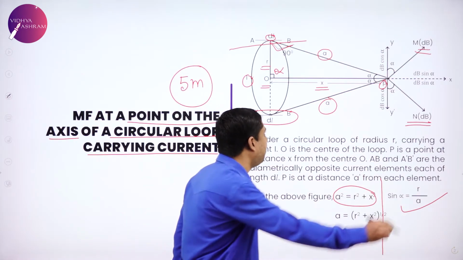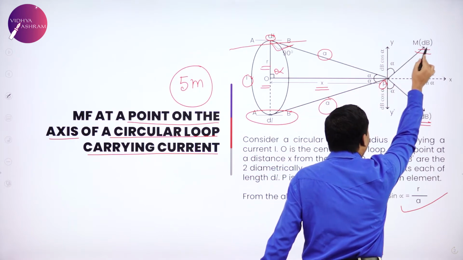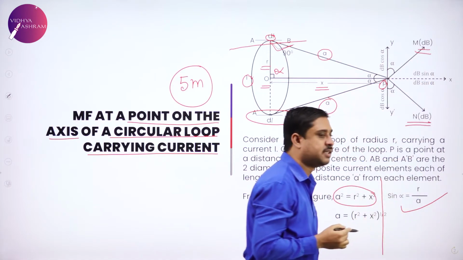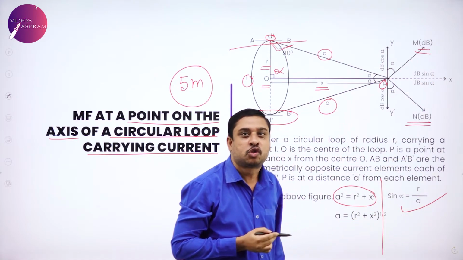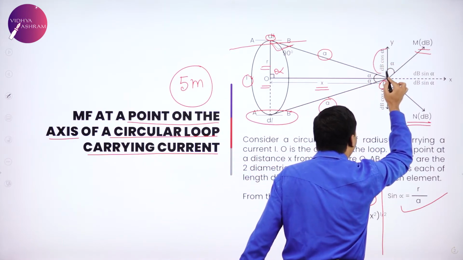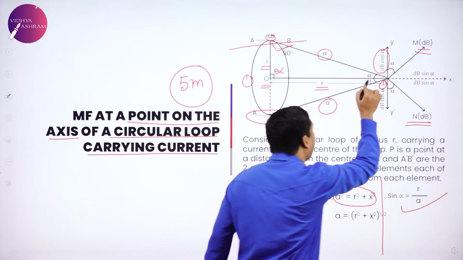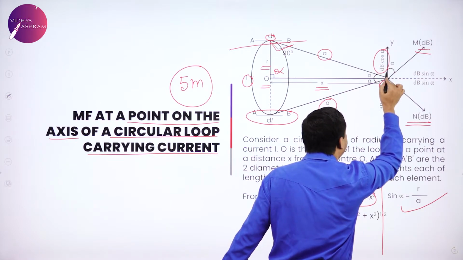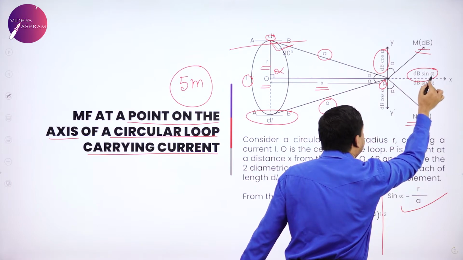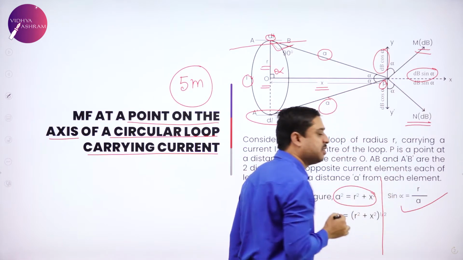If you observe, again with respect to this alpha, now this magnetic field is getting resolved into two components. Which are those two components? The first component is dB cos alpha along the direction Py and dB sin alpha along the direction Px.